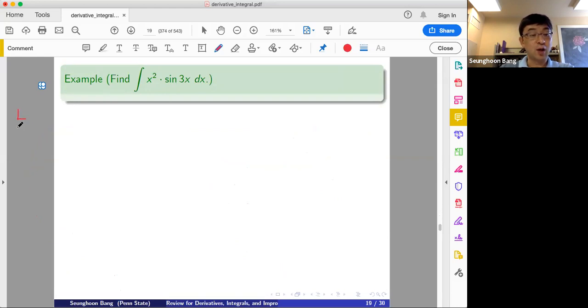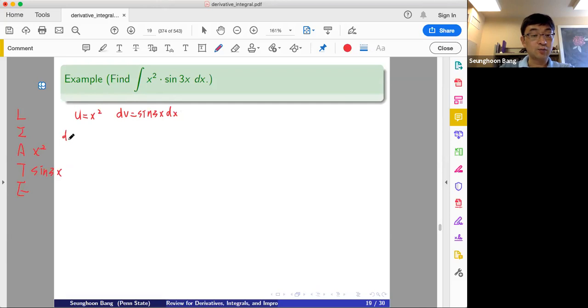We use LIATE, the same. The x squared is algebraic. Sine 3x is here. So you can use this rule. u equals x squared, and the remaining part is dv equals sine 3x dx.